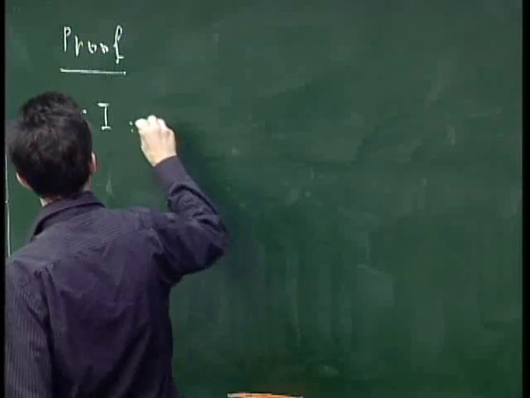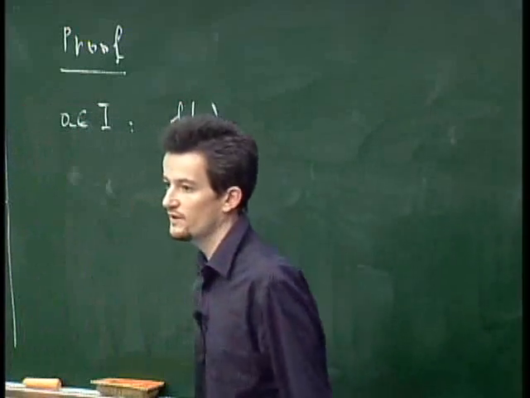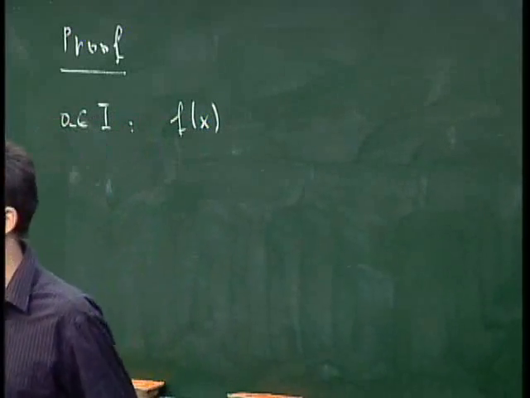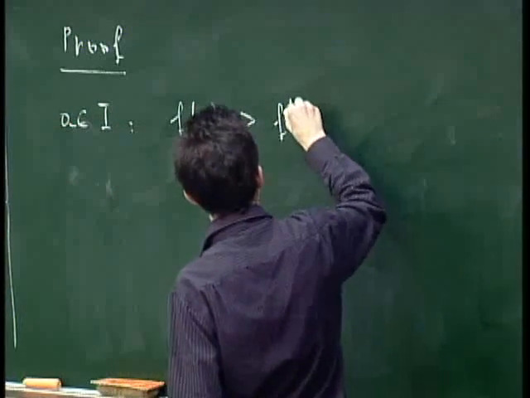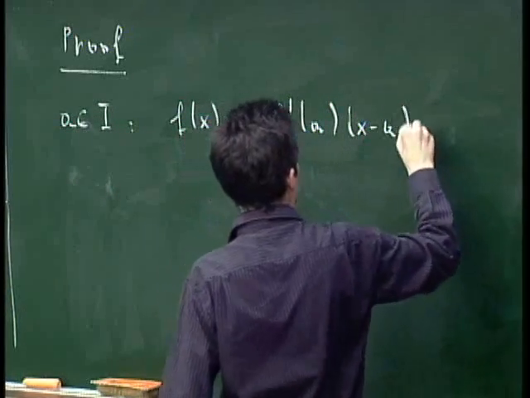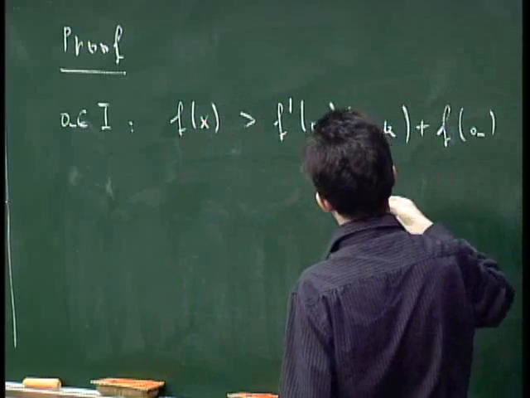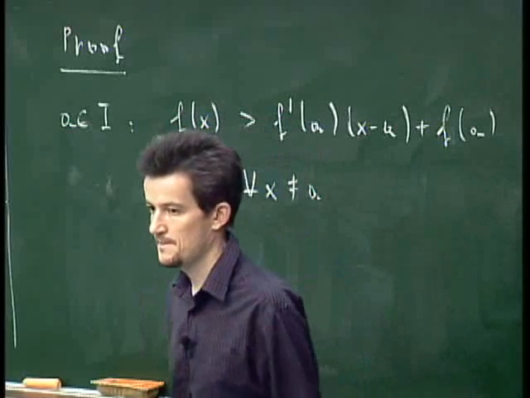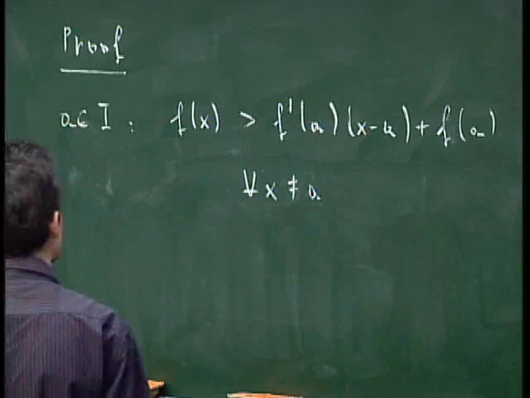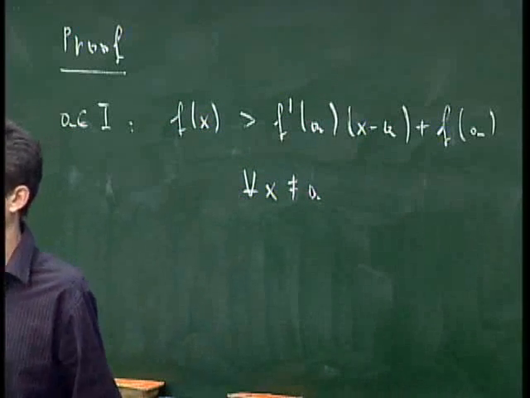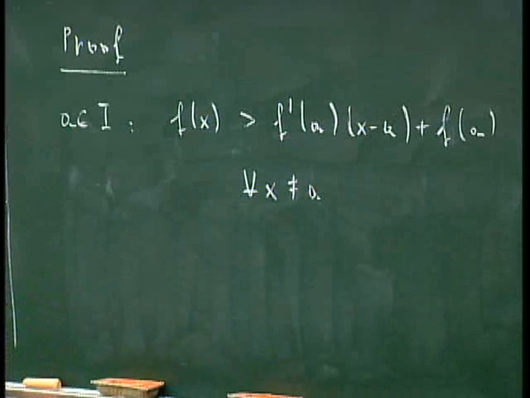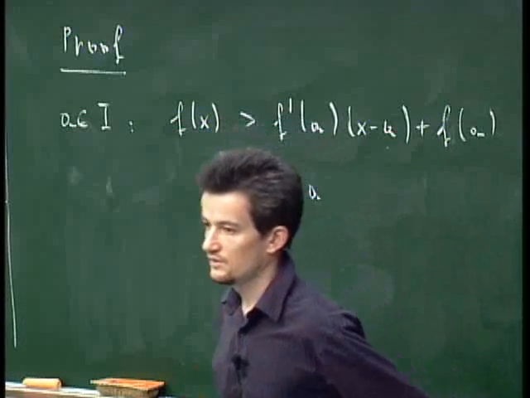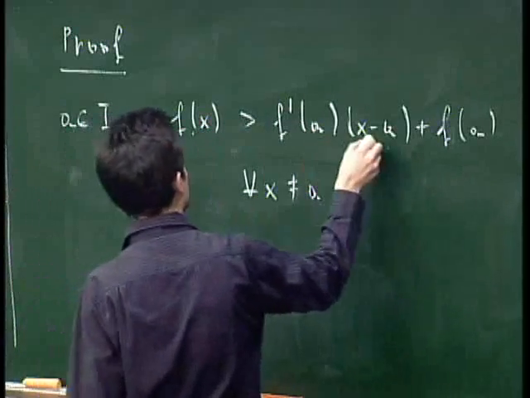We have to prove that the function f of x is above the tangent for all x not equal to a. We saw last time a good method to prove such inequalities, namely the racetrack principle. We can also use the racetrack principle here. So we have two functions, f of x, and this is our function g of x.